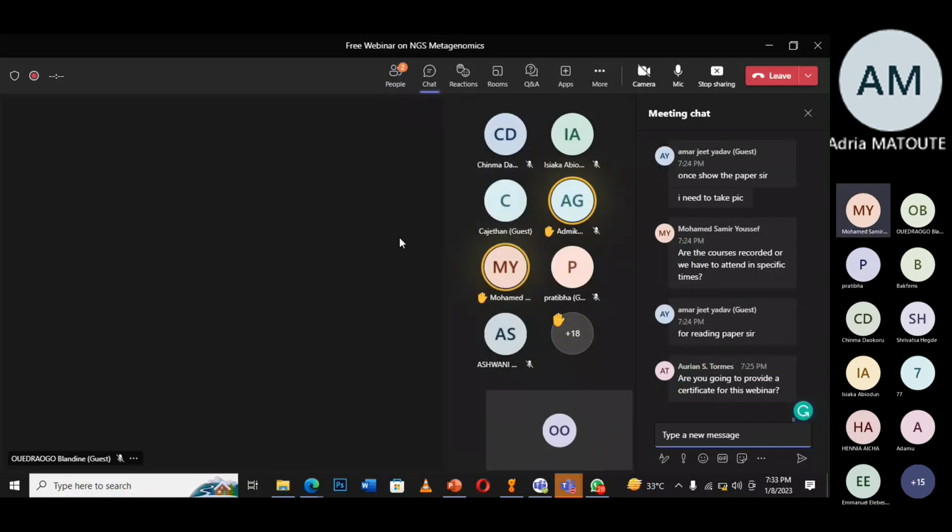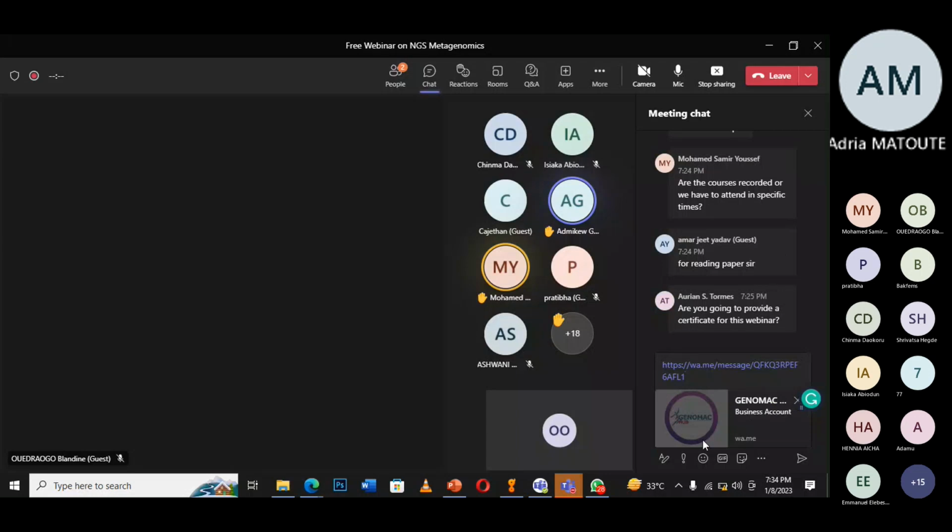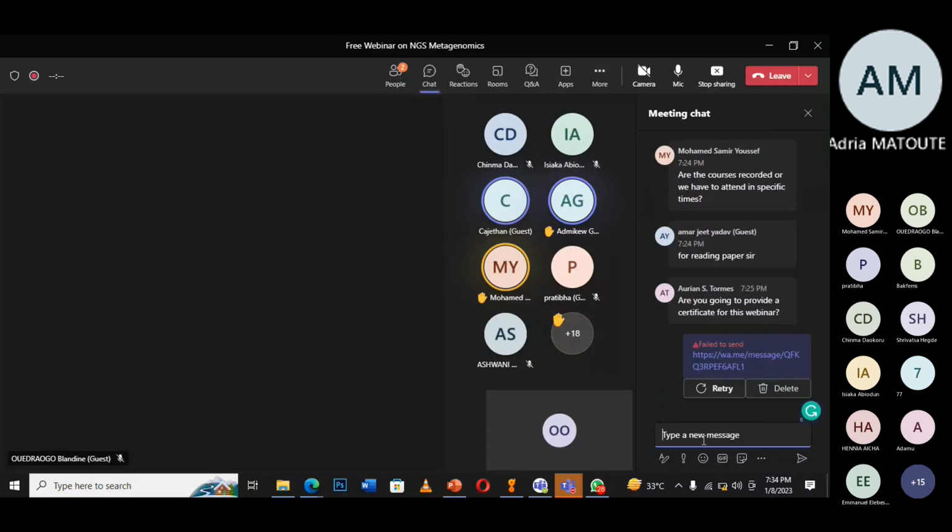So who else? Who else, please? They are asking questions now. Hello, go on. Please, which genotyping company is cost effective and repeatable? Which genotyping company or sequencing company is cost effective and repeatable as far as you know? Sorry, I can't get your question. Is it possible you type it?